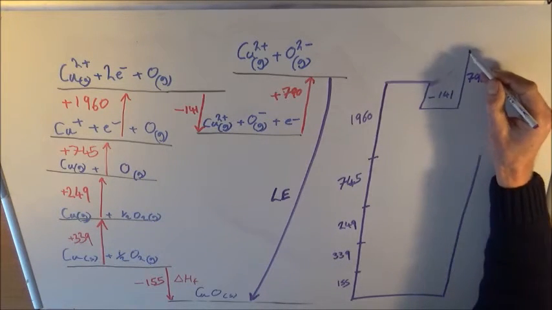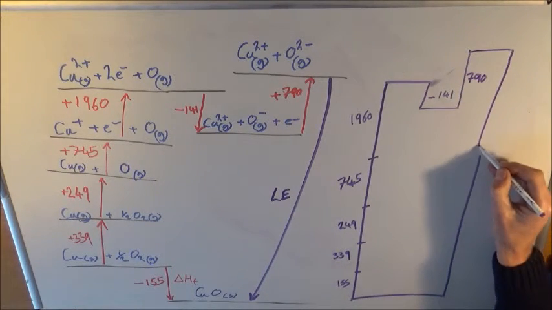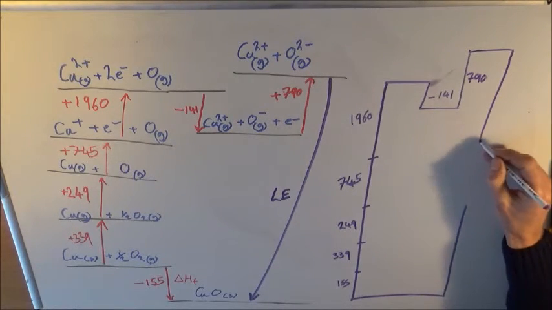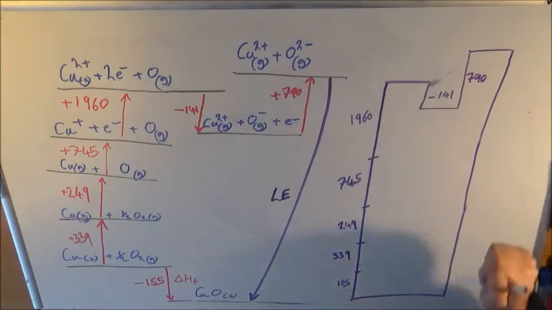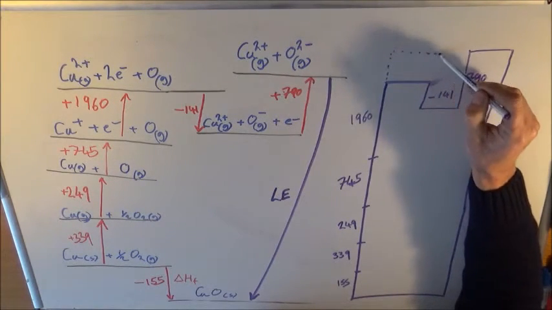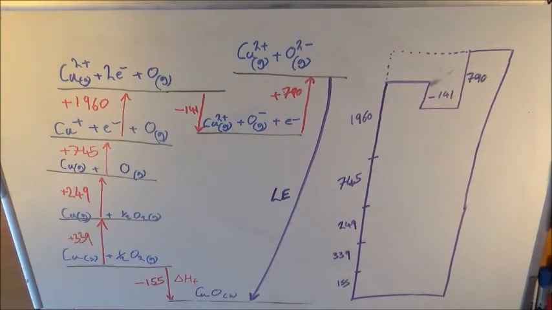So if I join it up, it's a rectangle, but with a bit of a funny ending there. I can still sort of extend it and treat it as one rectangle.